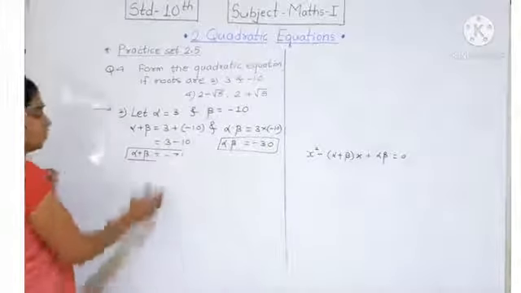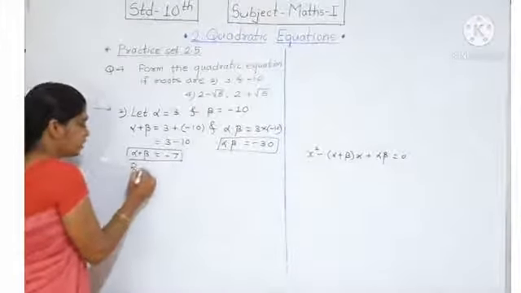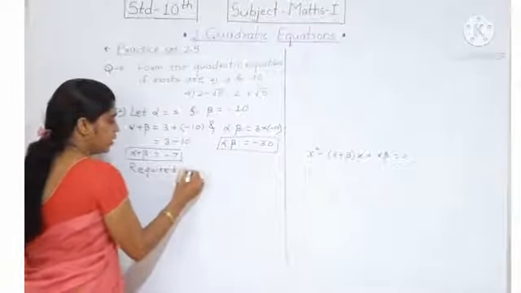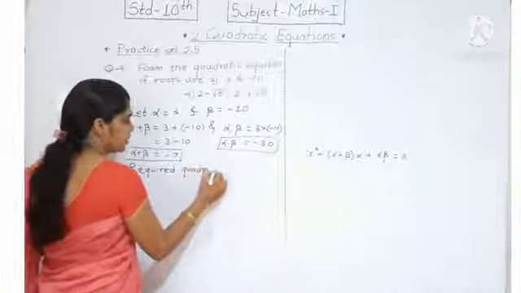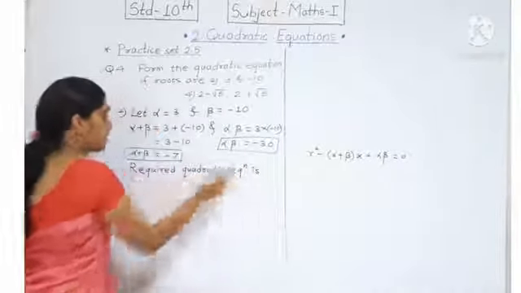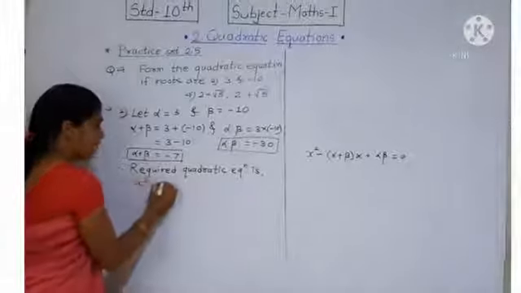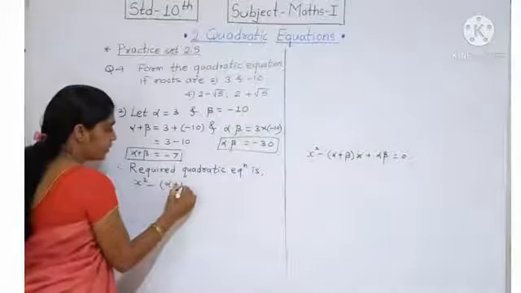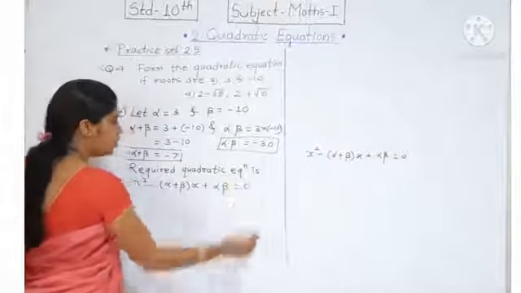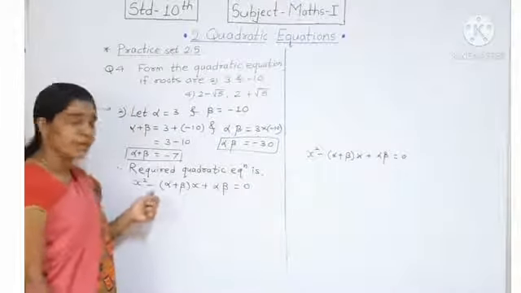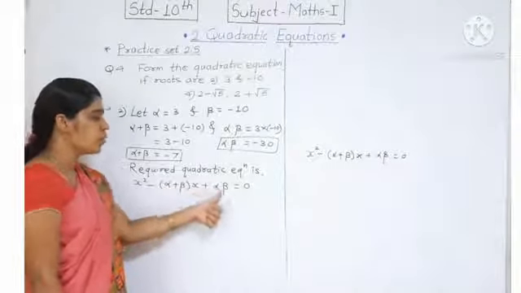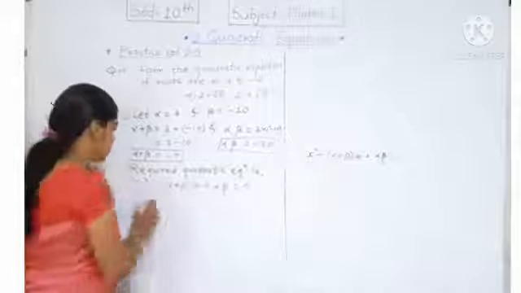So the required quadratic equation is, what is the required quadratic equation? Write this formula: x square minus (alpha plus beta) into x plus alpha beta is equal to 0. You may read this as x square minus sum of the roots into x plus product of the roots is equal to 0.